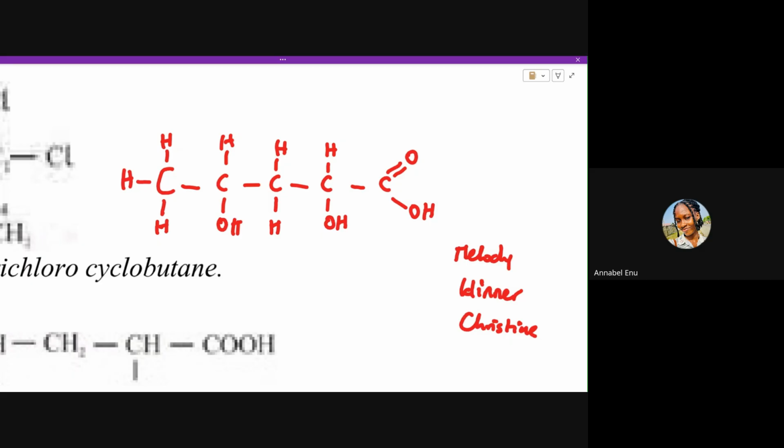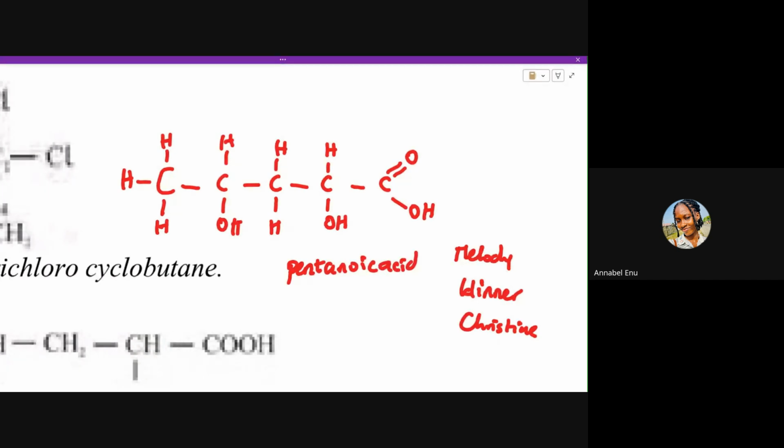Remember when we wrote that trend, carboxylic acid is number one, at the top, so it will have the most priority. So we already know that this is 1, 2, 3, 4, 5, so this is going to be a pent. What will be the parent name? It's pentanoic acid.